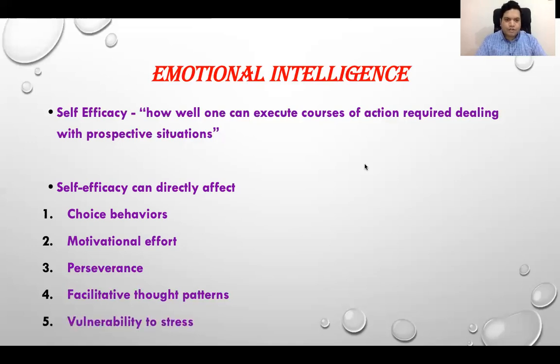And then the fifth one is vulnerability to stress. Those with low self-efficacy tend to experience stress and burnout because they expect failure, whereas those with high self-efficacy enter into a potentially stressful situation with confidence and assurance, and thus are able to resist stressful reactions.